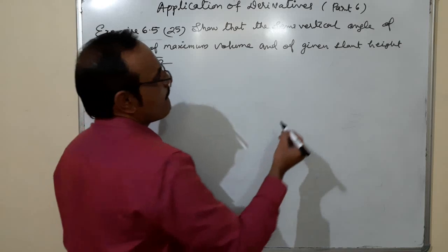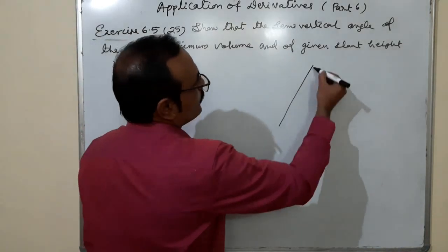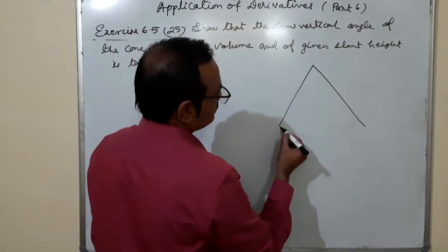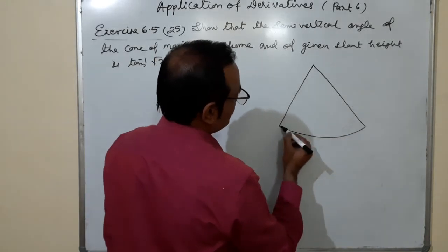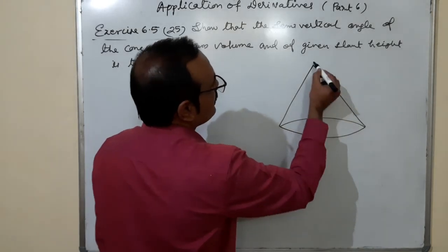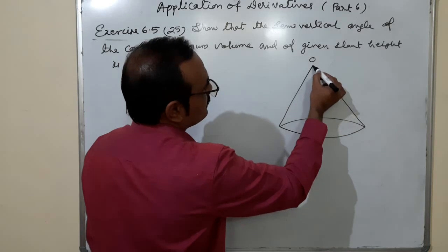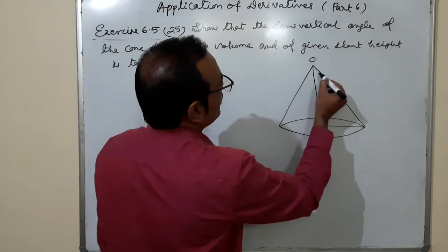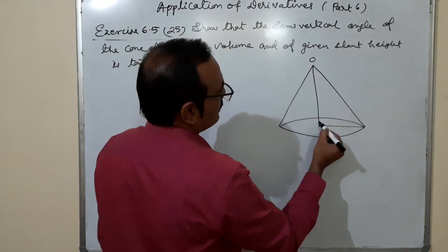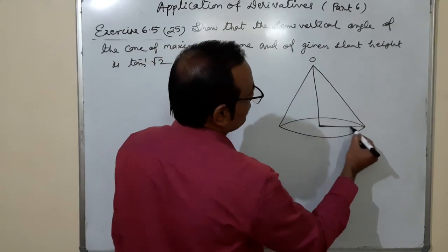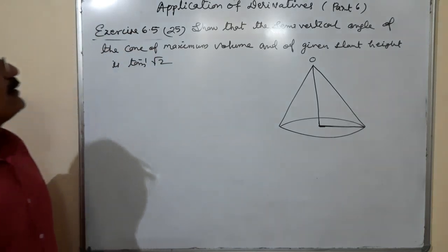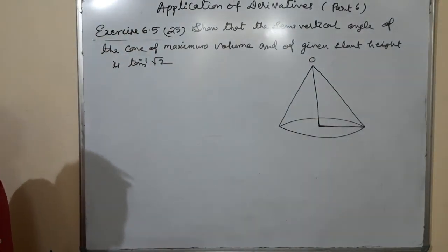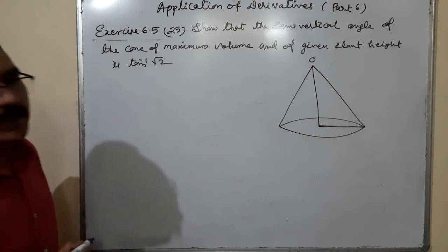Single figure. What is it? Cone. Semi-vertical angle. Do you know what is semi-vertical angle? This is the vertical angle, and this is the semi-vertical angle, half vertical. Show that the semi-vertical angle of the cone of maximum volume and of given slant height.